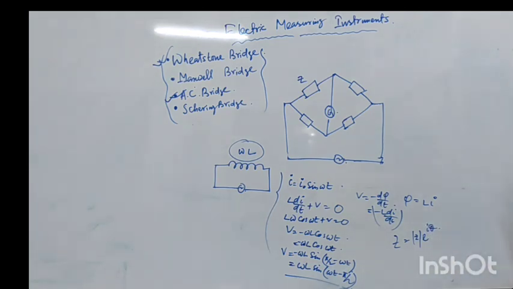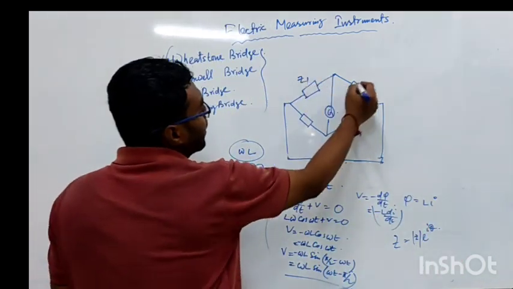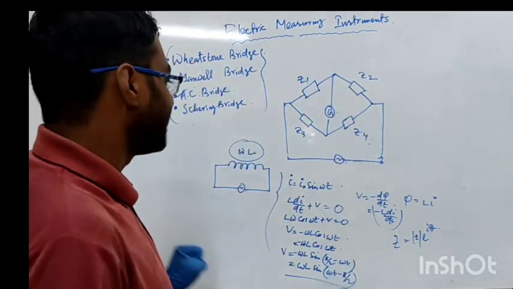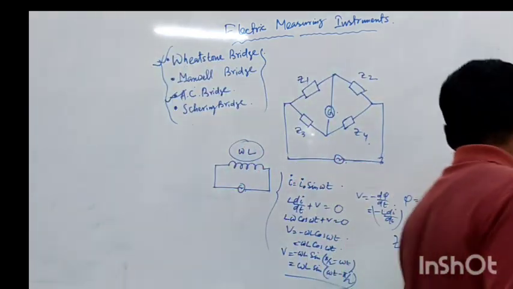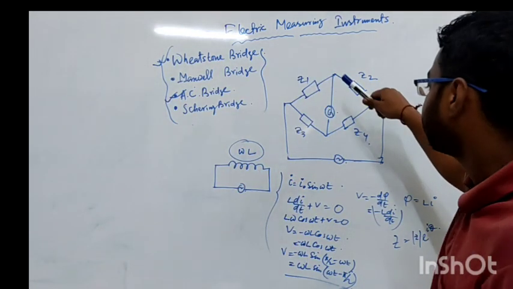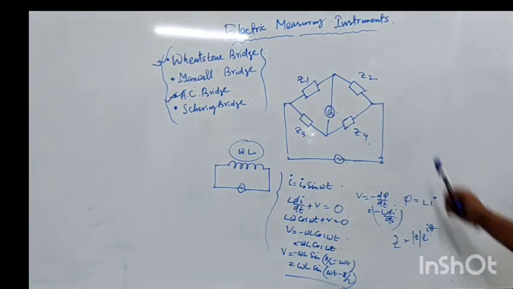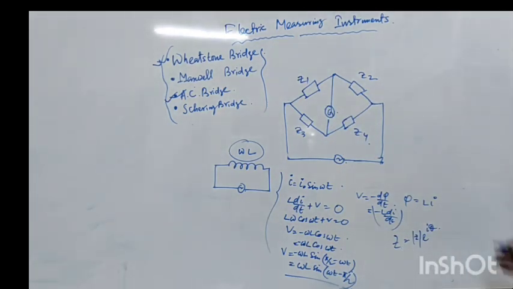So for every case, let us consider Z1, Z2, Z3 and Z4. To maintain the nullity, we have to balance the resistivity as well as the phase within the circuit.